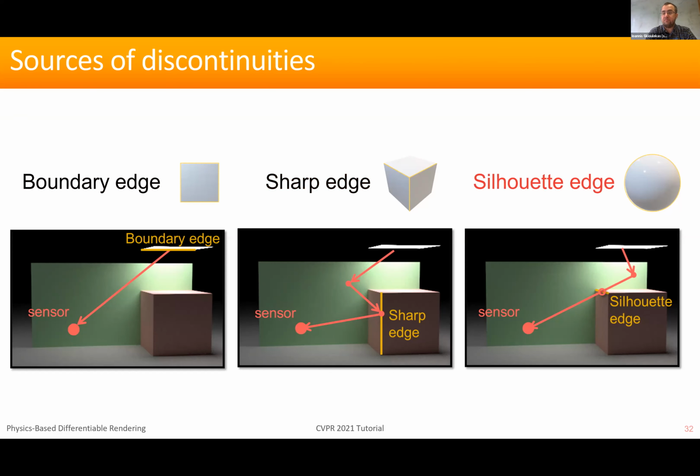And lastly, silhouette edges. By switching to the version of differential illumination where we use area integration, we end up having a visibility function that changes values from 0 to 1 as we switch over the visible silhouettes in a scene. So all three of these types of discontinuities are terms that we need to take into account when we're differentiating for parameters such as shape and pose of different objects in our scene.